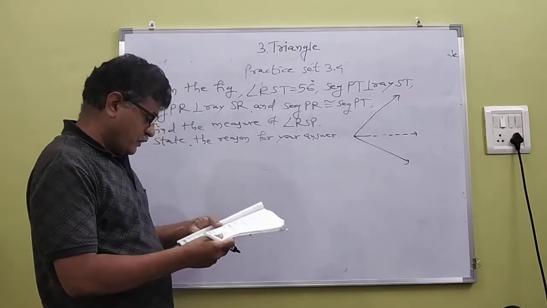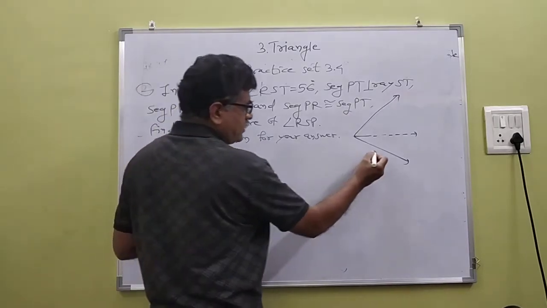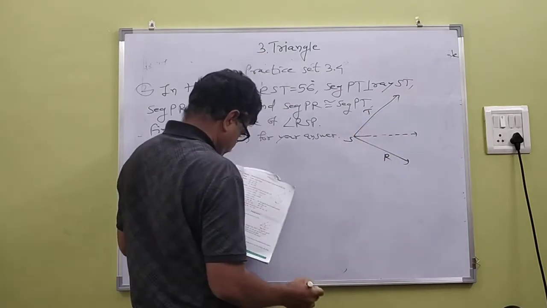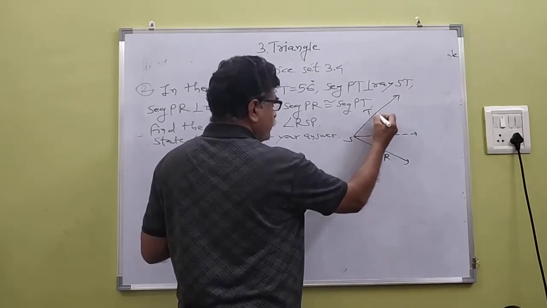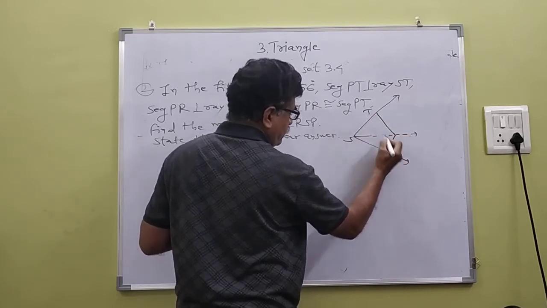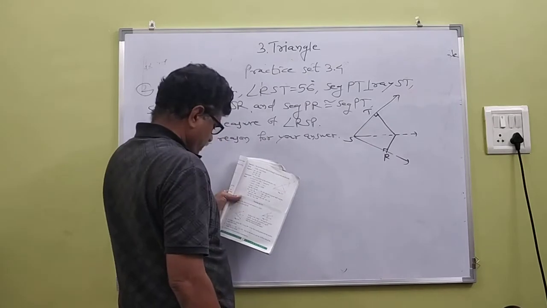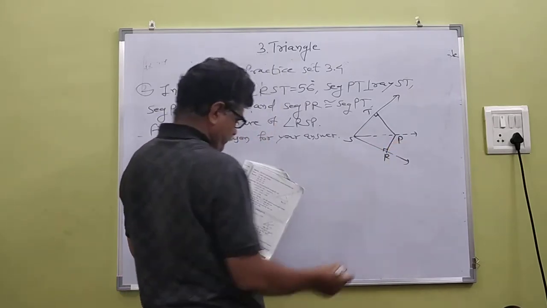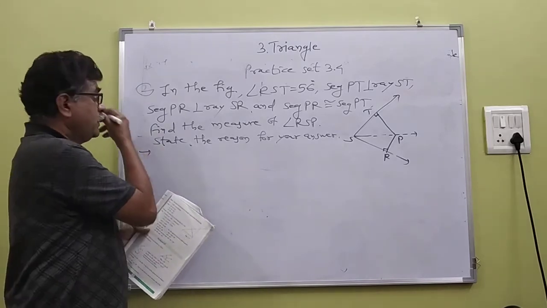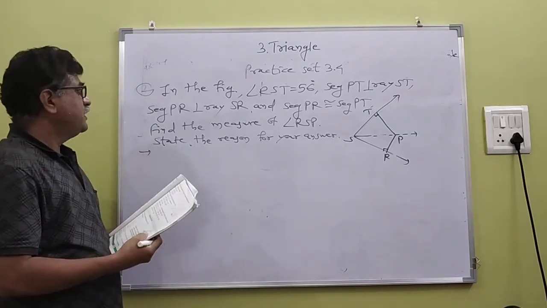We have given angle RST. This point is P. Now, let us see in the figure.